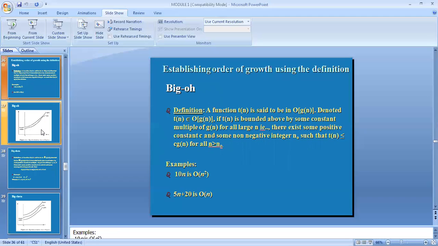That is, there exists some positive constant C and some non-negative integer n naught such that T of n is less than or equal to C g of n for all n greater than n naught.